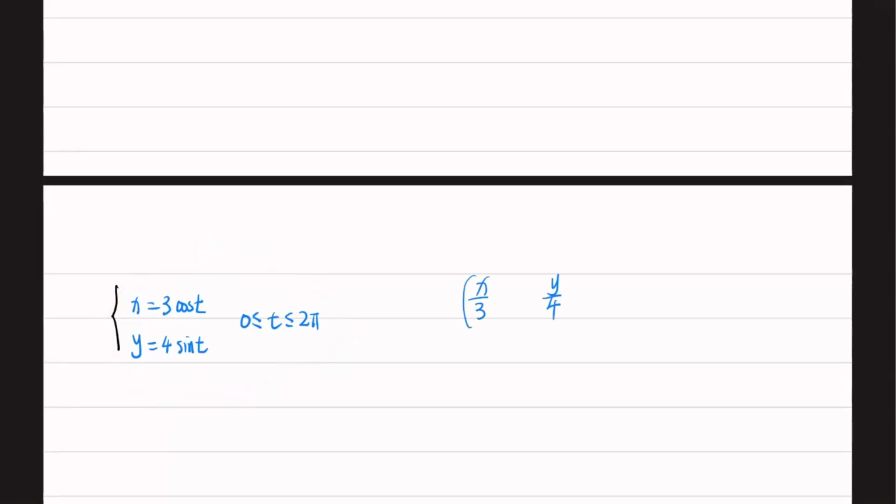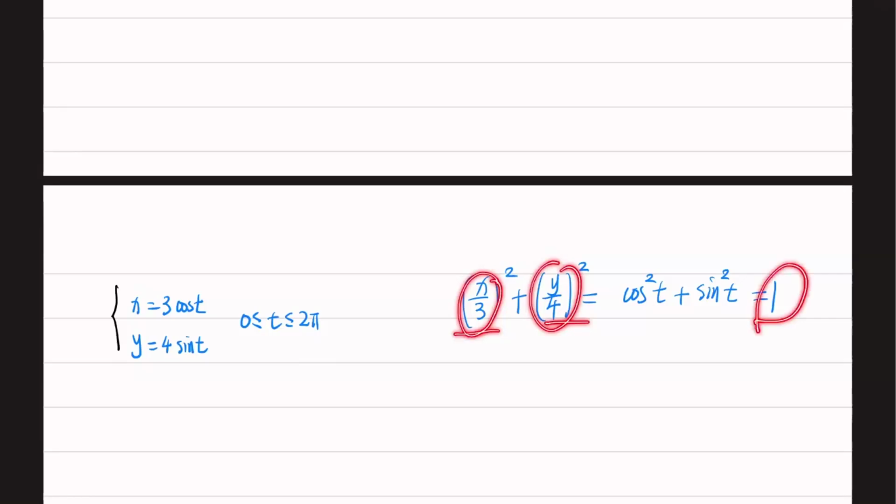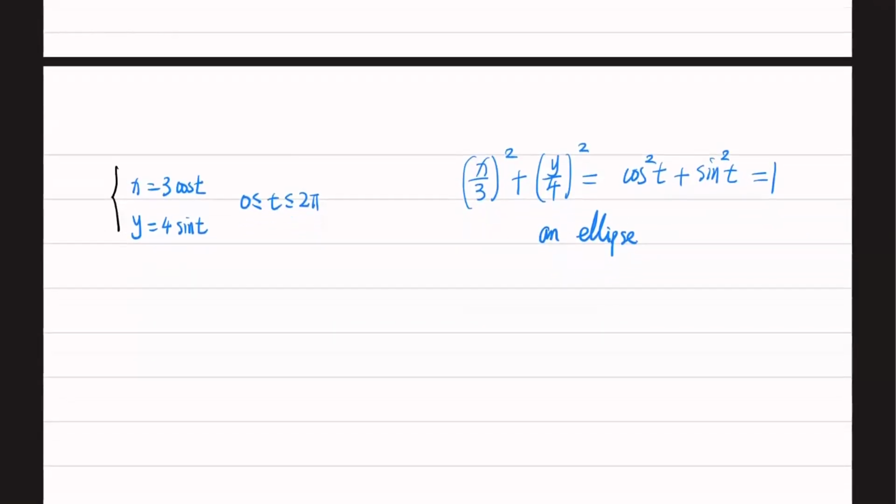If we square them, we get cosine squared t and sine squared t. So something squared plus something squared is 1. So this is an ellipse. And we have chosen the numbers very nicely, 3 and 4.